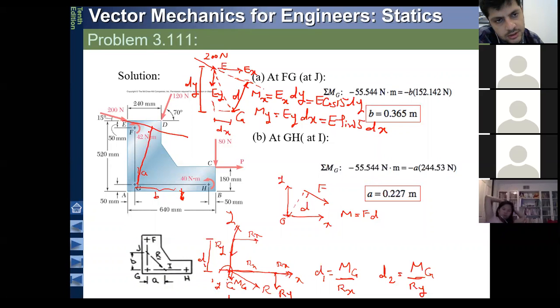So it is best to first decompose the forces into Ex and Ey, then calculate the moment and then add them up. So sigma M is equal to Mx plus My in this case for this force.